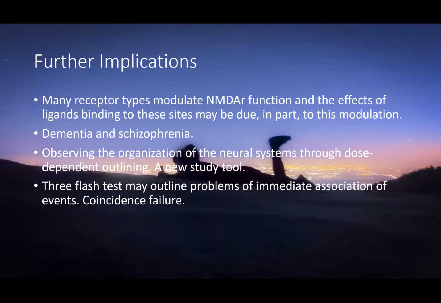I think there's some research linking trauma as a risk factor for Alzheimer's. And obviously with schizophrenia, trauma has been a focus for a long time, and it is a risk factor for schizophrenia.